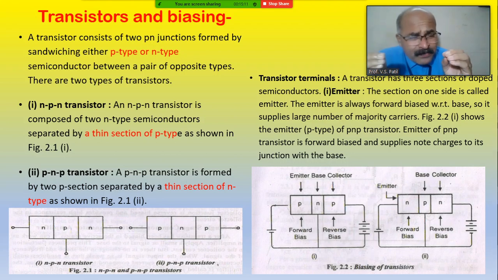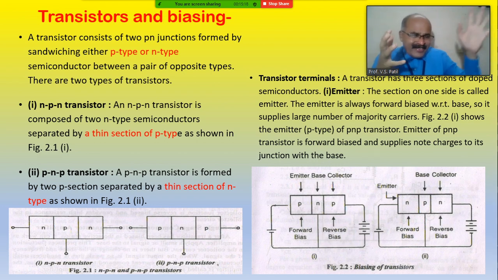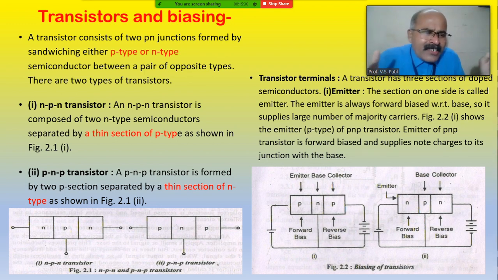We know that a transistor is also called a three terminal, two junction device. Which are the three terminals? Emitter, base, collector. Emitter is taken from the outer emitter region, collector is taken from the other outer end, and base is taken from the central region.